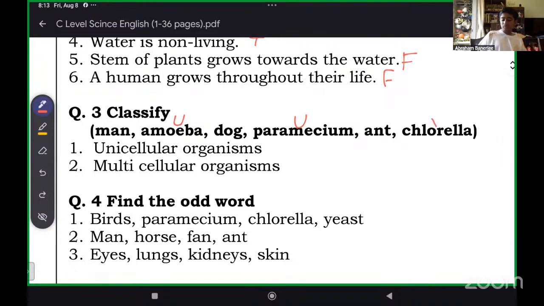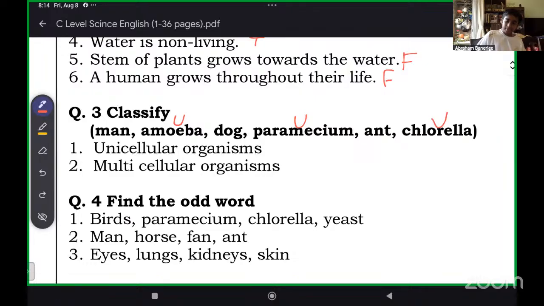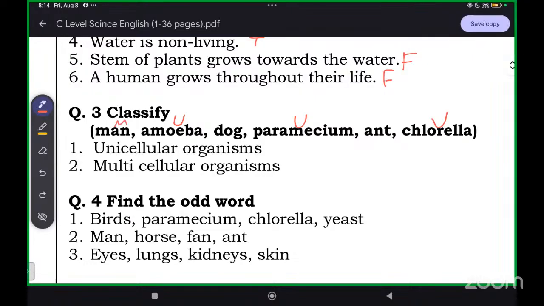Ma'am, can you show me an image of chlorella? We haven't seen that before. Okay, we will see an image of chlorella. And what are multicellular organisms? Man, dog, and ant. Yes, man, dog, and ant.